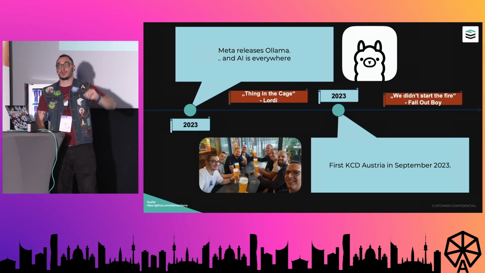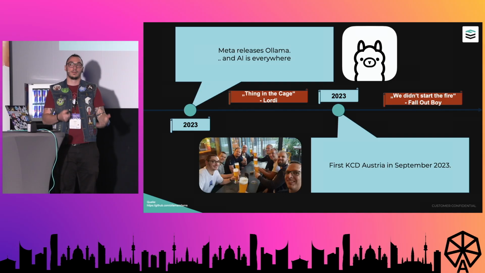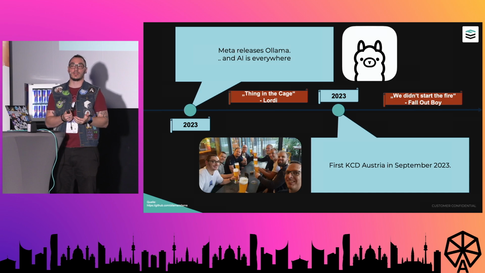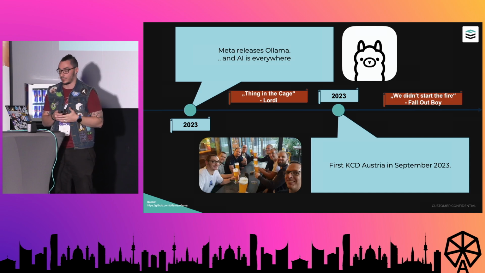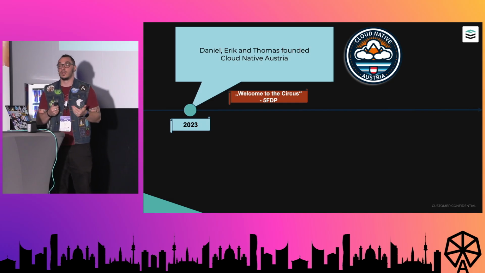But what's way more important, in 2023, we actually had the first KCD Austria event here. So this is our third installment. We started in 2023. And big parts of the teams are still with us, which is actually great from my point of view. In the same year, we then founded Cloud Native Austria to actually be independent from each and every vendor. We created an association.